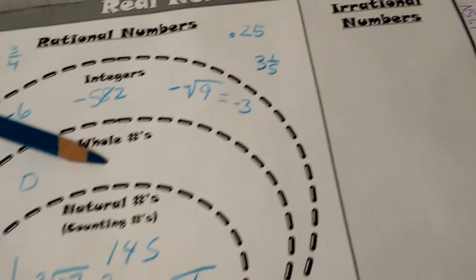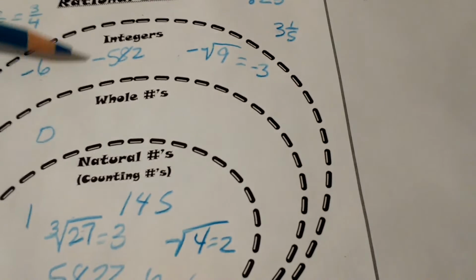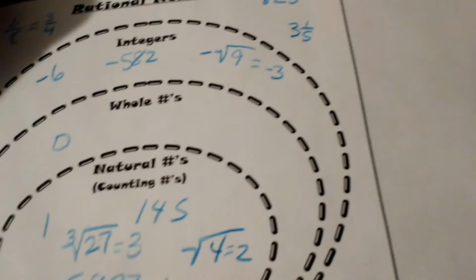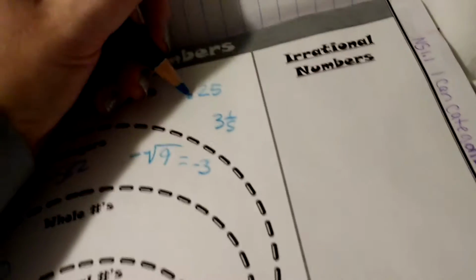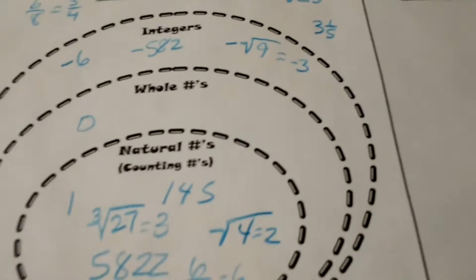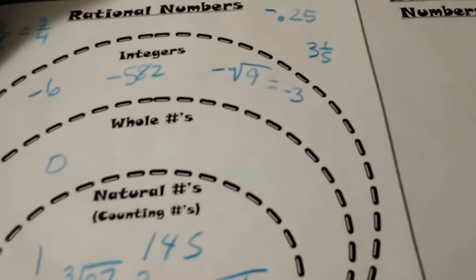Integers would be all of your whole numbers and natural numbers plus negative numbers that are not decimals or fractions. Your rational numbers can also be negative, so like this could be like a negative 0.25. So those would all be your rational numbers.